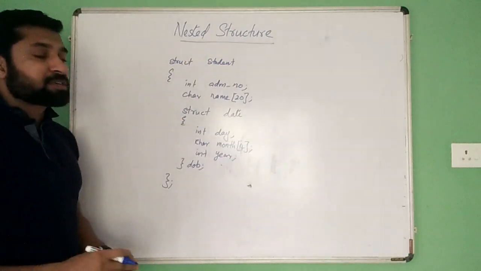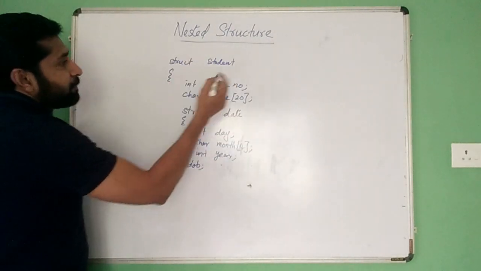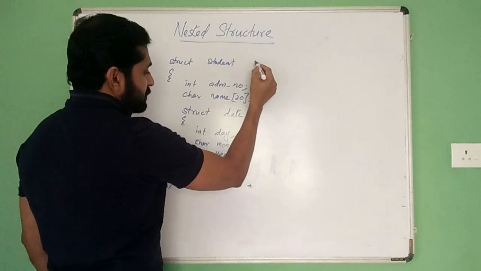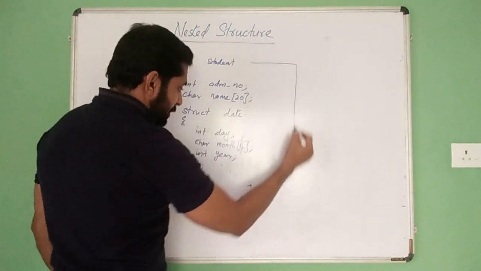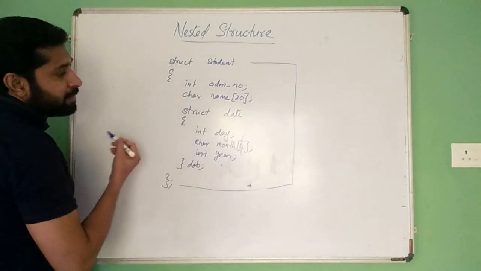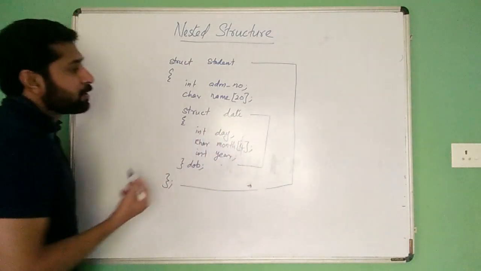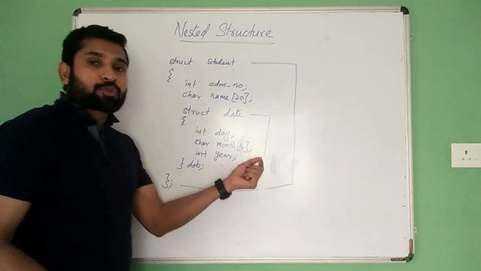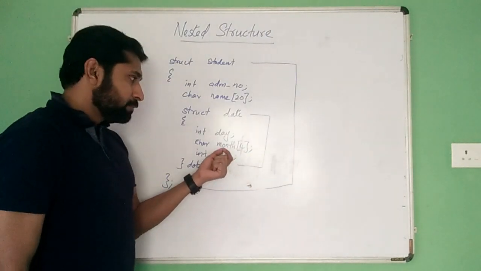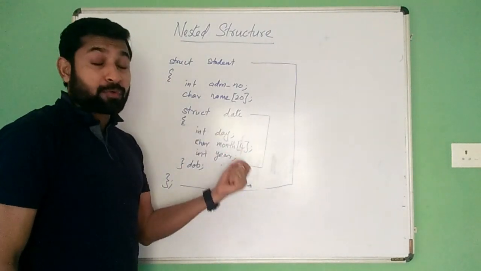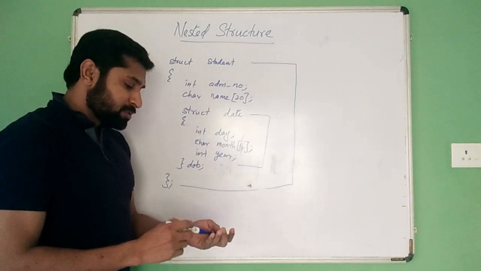This type of structure definition is also possible. Here student is the outer structure. Inside that we have another structure called date, and an element of that is created. So this is also an example of nested structure. This way also we can create a nested structure.